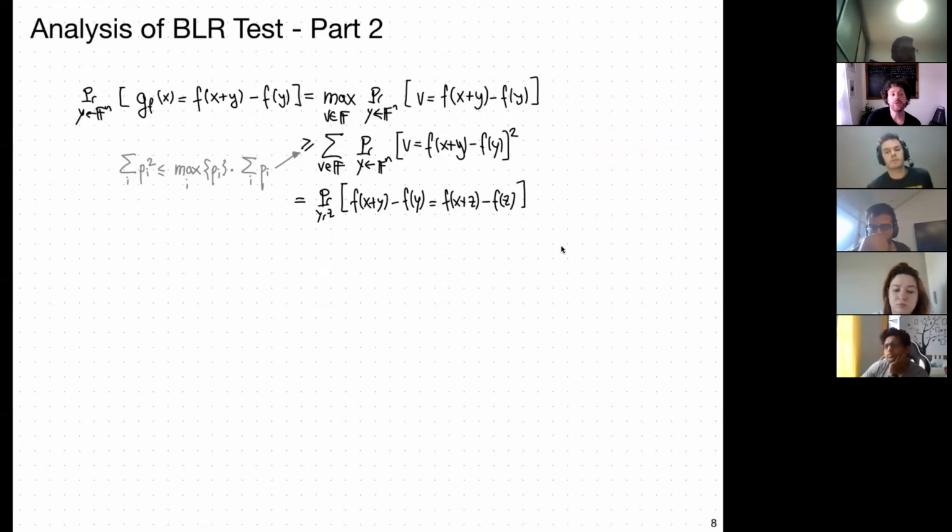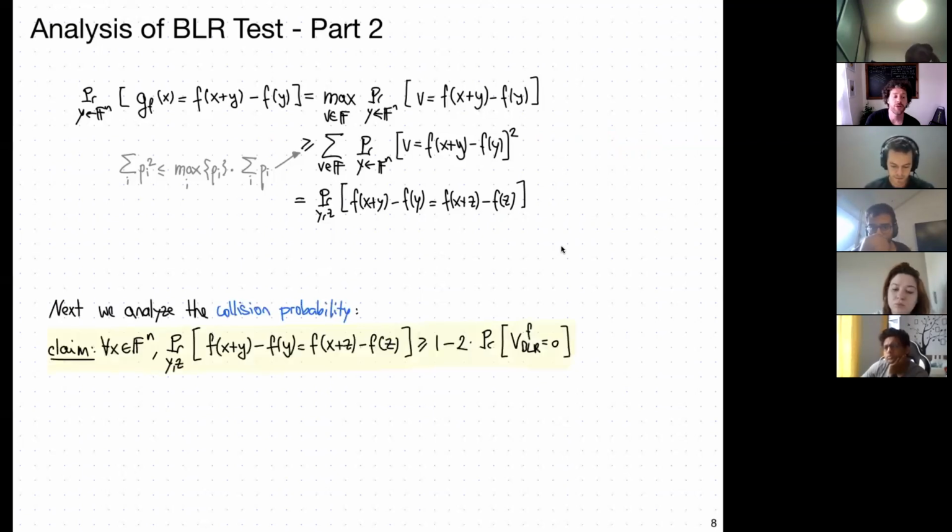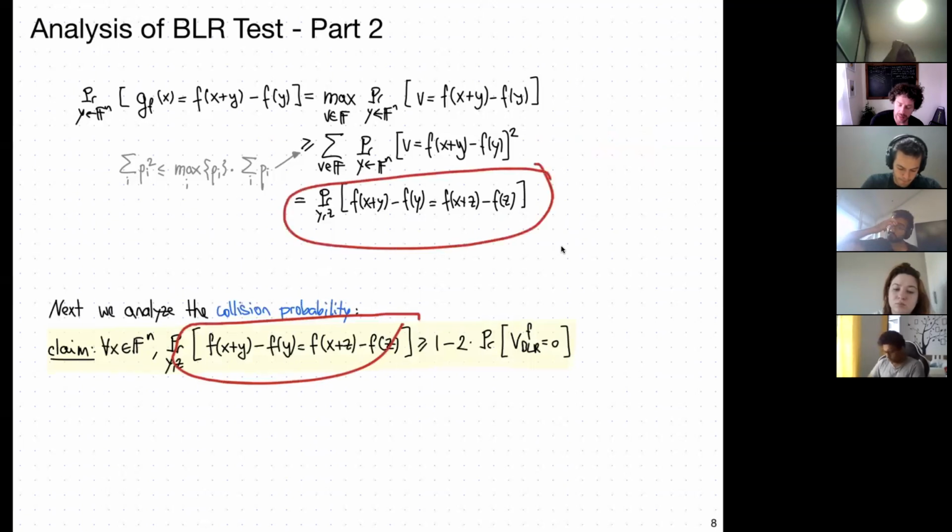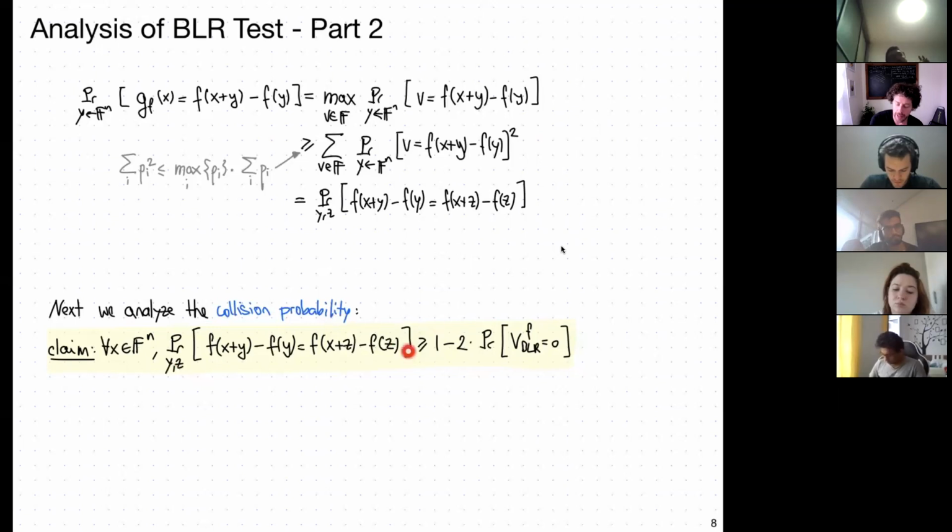Okay, so now we have reduced the problem to just understanding this quantity, and we can use tricks that exist in the literature quite a lot. I want to show the following claim. It looks maybe intimidating because of the notation, but what it tells us is that this collision probability, exactly this thing here, is bounded by the quantity that we wanted to prove to begin with.